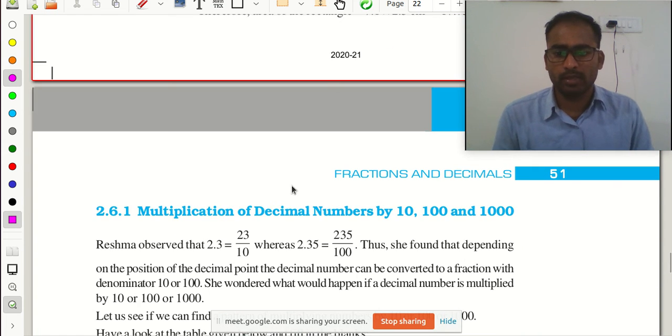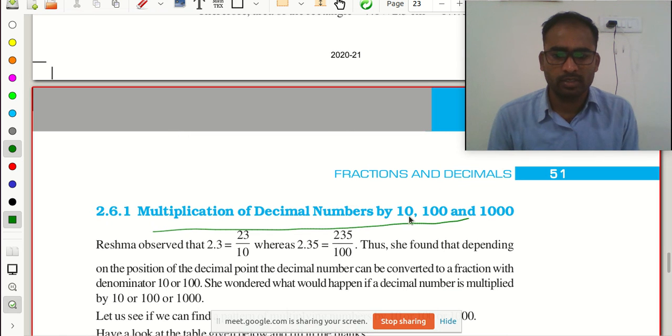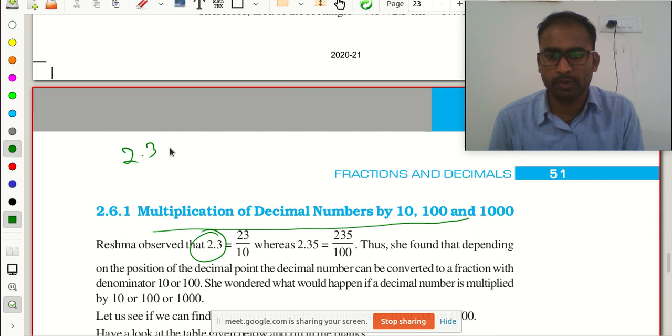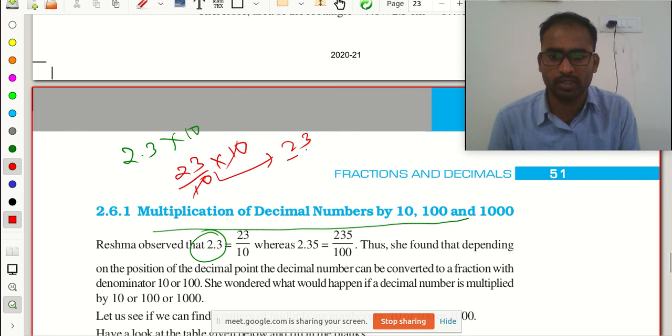And what is multiplication of a decimal number by 10, 100 and 1000? That we need to discuss here. Simple. Here I am having a decimal number 2.3. I need to multiply with 10. I can write this 2.3 as 23 by 10. If I multiply with 10, this 10 will get cancelled. I will get 23 as the answer.